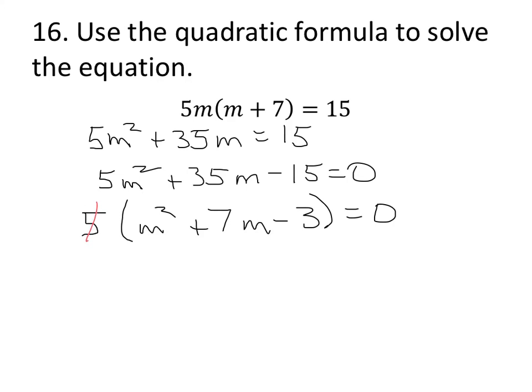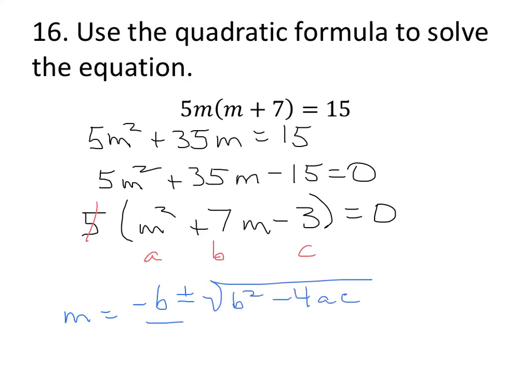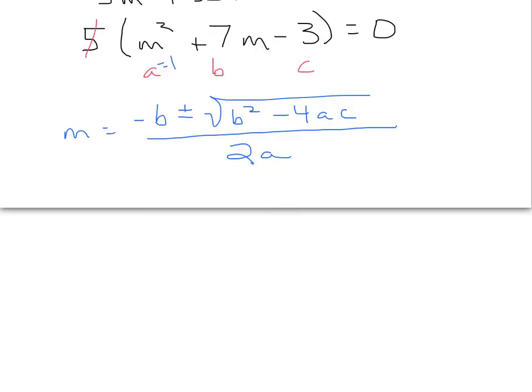So now we can get ready to do our quadratic equation, which says that m equals negative b plus or minus the square root of b squared minus 4ac over 2a. And a in this case is 1 because there's no coefficient in front of the m.